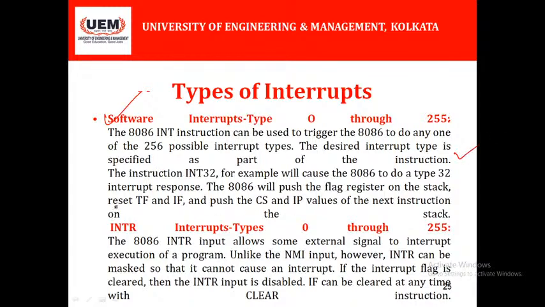That is important. The instruction INT 32, that means interrupt number 32, for example, will cause the 8086 to do a type 32 interrupt response. So it basically helps the 8086 respond to interrupt type 32, and the 8086 will push values when it receives the interrupt request signal from INT 32.